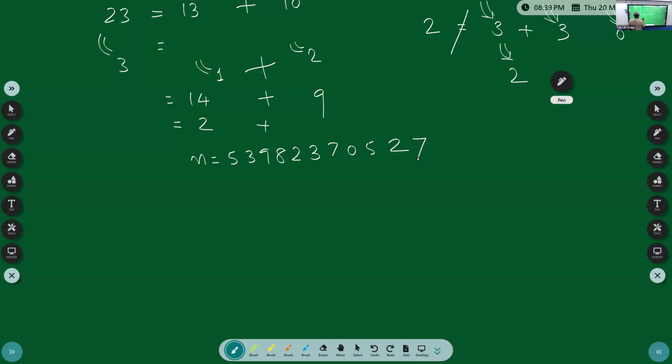Therefore, we break this n into 5398237000 plus 527. Now we need not worry about this big number as far as divisibility by 8 is concerned, because this is a multiple of 1000. 1000 is divisible by 8. So because we have brought 3 digits to the end, the remainder on division by 8 is 0.